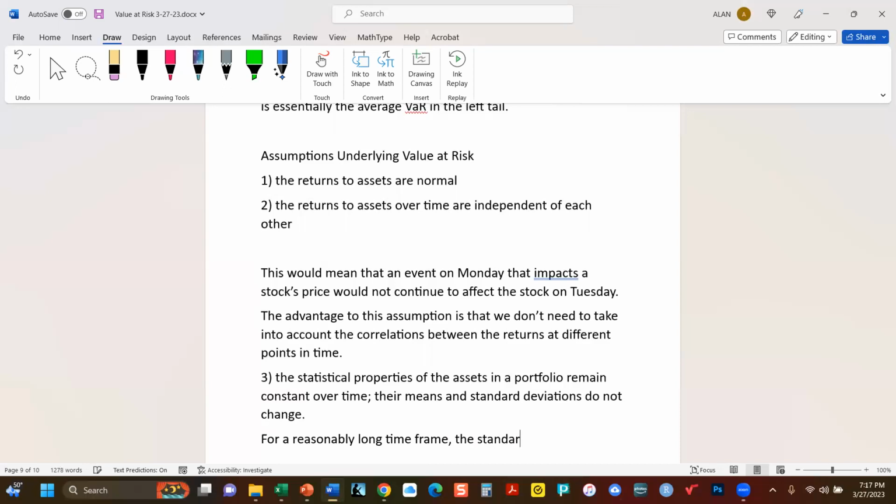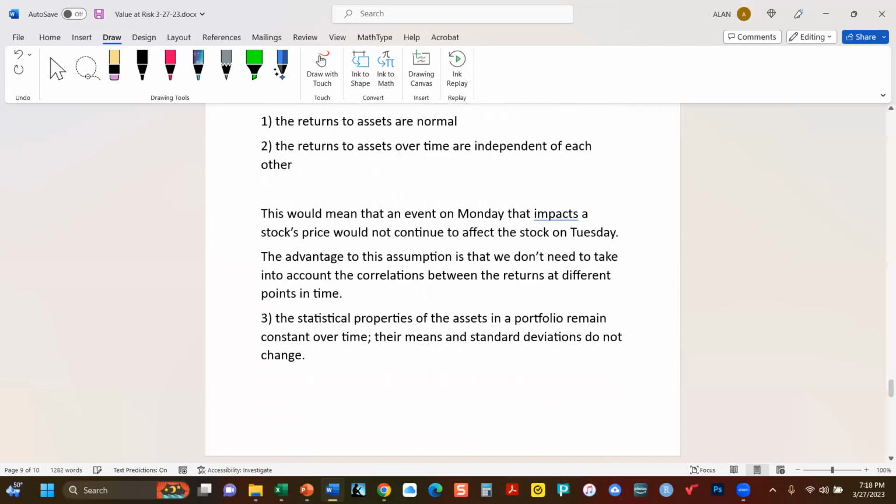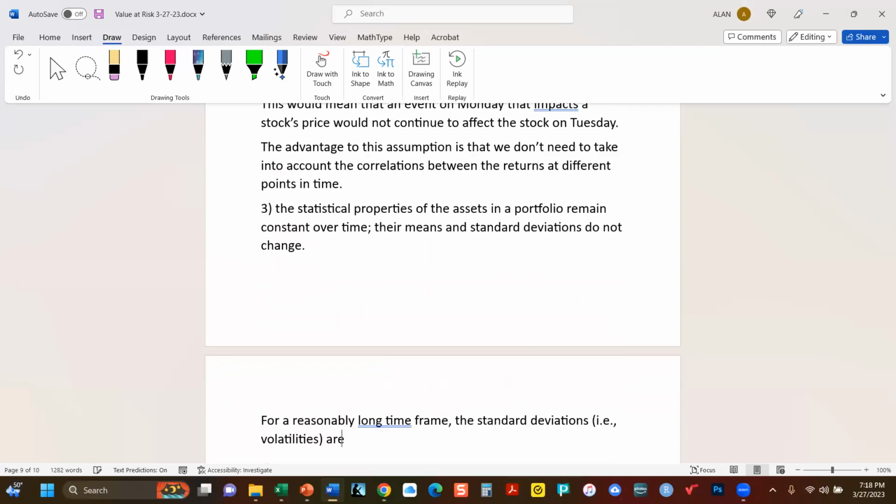The standard deviations, i.e. volatilities, as they're called, are unlikely to remain constant. Although if you recall, that's one of the assumptions made by Black-Scholes. And that's really one of the reasons why they kept it for this one. But the means can fluctuate too.